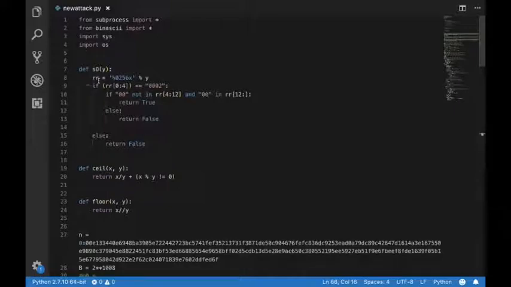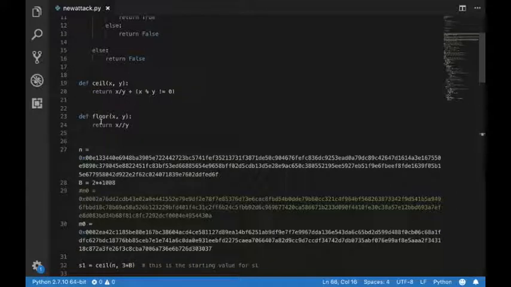In the oracle, what we have to check is whether the initial 2 bytes are 0002 and whether there is a 00 somewhere in the rest of the message, but that 00 should not appear in the first 8 bytes after the 0002. After doing all these checks, we return true. If it fails anywhere, we return false.